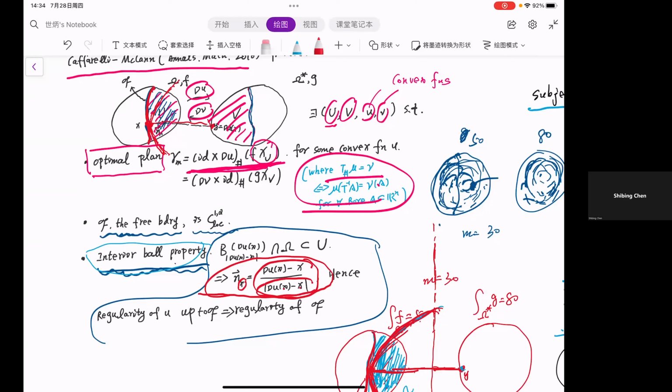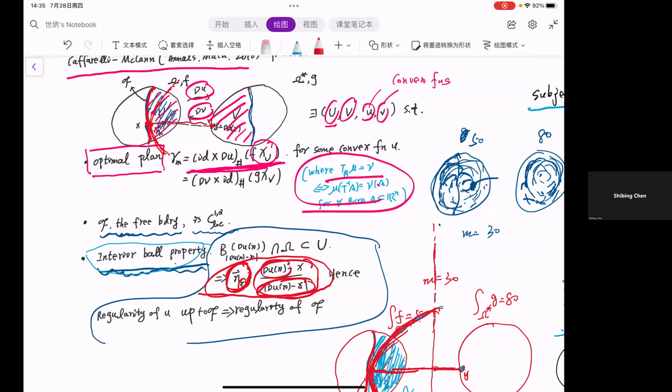To study the regularity of the free boundary, or of some hypersurface, basically you need to study the oscillation of the unit normal of this hypersurface. So you need to study the regularity of the unit normal direction, but it is connected to the gradient of u.